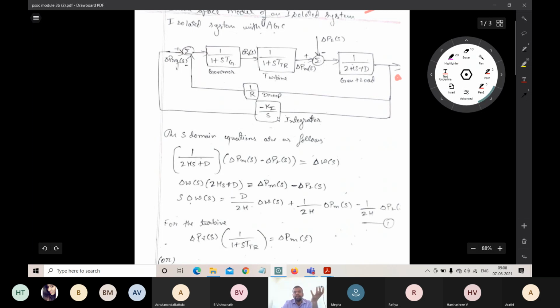We need to calculate the different state variables in order to go for stable operation. Any system we consider should be operated with stability, regularity, that is punctuality, and security.